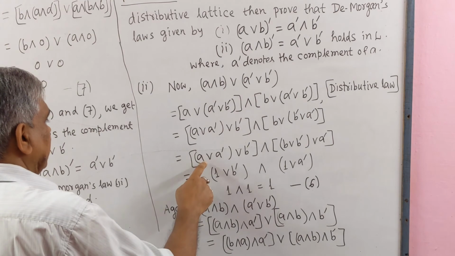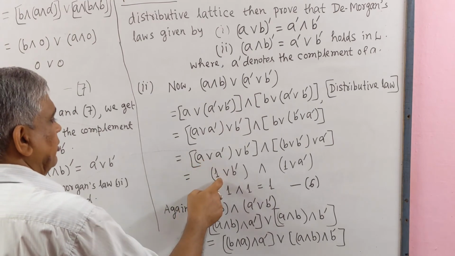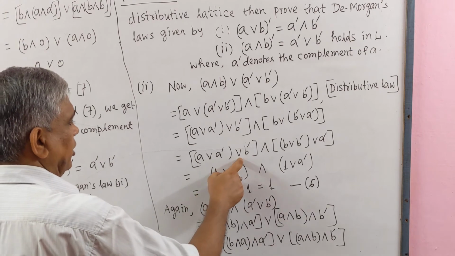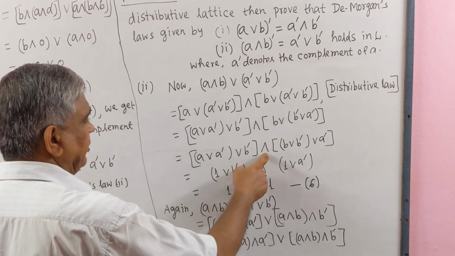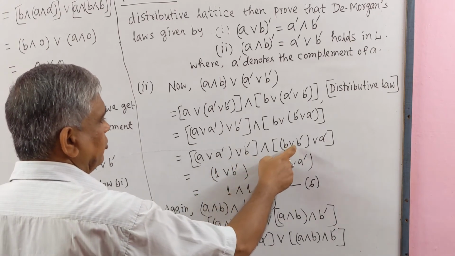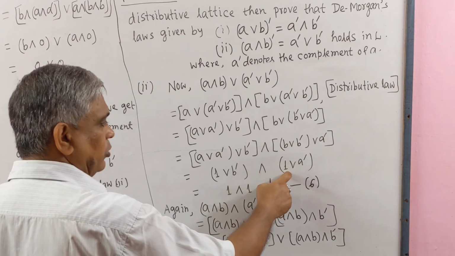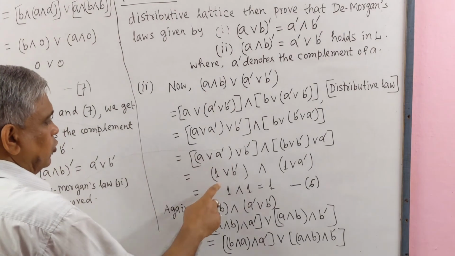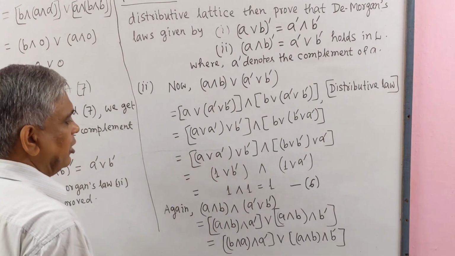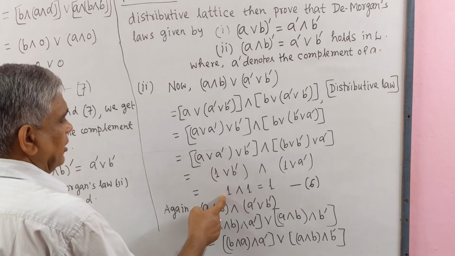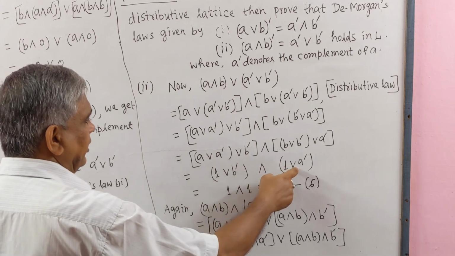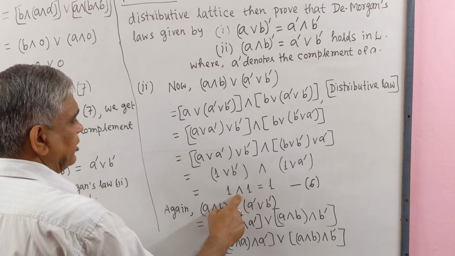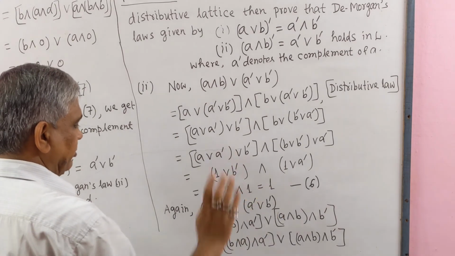Since A join A prime equals 1, this equals 1 join B prime, meet (B join B prime) 1 join A prime. 1 join B prime equals 1 and 1 join A prime is also 1. So 1 meet 1 equals 1. This is number 6.